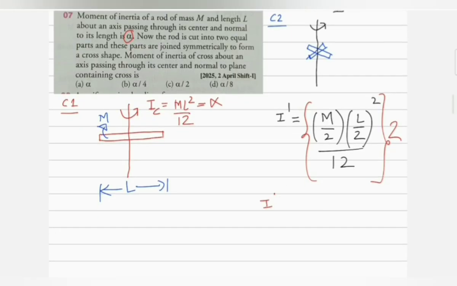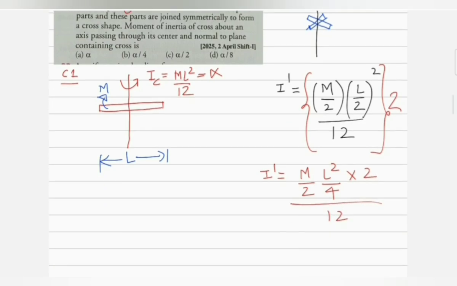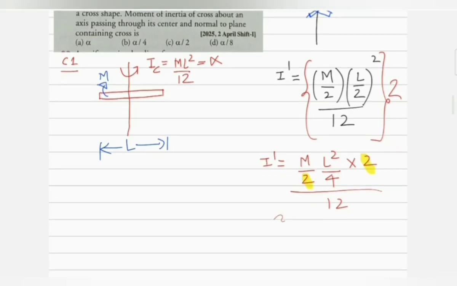So this I dash will be, students, m by 2 into L square divided by 4 into 2 the whole over 12, correct? So the 2 gets cancelled, obviously. So this moment of inertia for the new system in case 2, I dash, is students, m L square divided by 48.